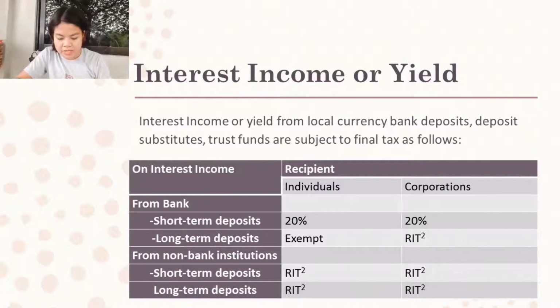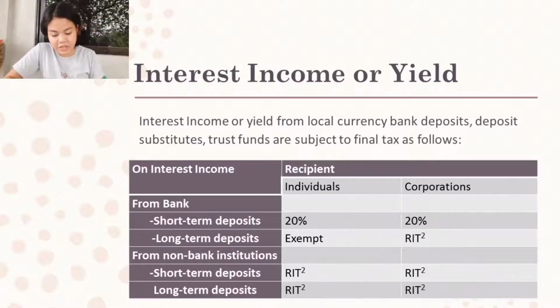So here is a table of the local currency deposits. From banks, individuals have 20% in short-term deposits, and as for the corporations, 20% on deposits. Long-term deposit certificates, individuals are exempted.